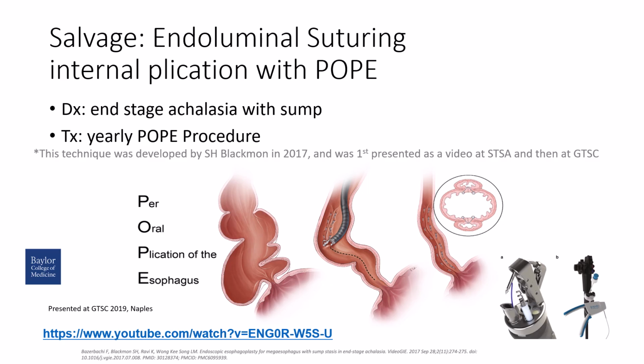It is important that before the patient is offered a POPE procedure, or per-oral plication of the esophagus, they first make sure that these patients have undergone some type of treatment of the lower esophageal sphincter to facilitate emptying, whether it be a POEM procedure, per-oral endoscopic myotomy, or whether it be a laparoscopic modified Heller myotomy or robotic modified Heller myotomy.